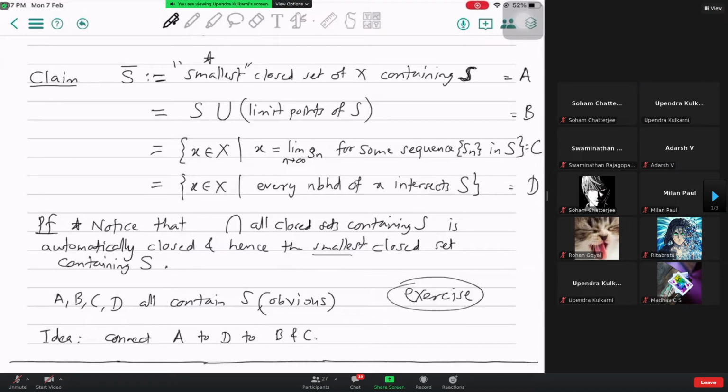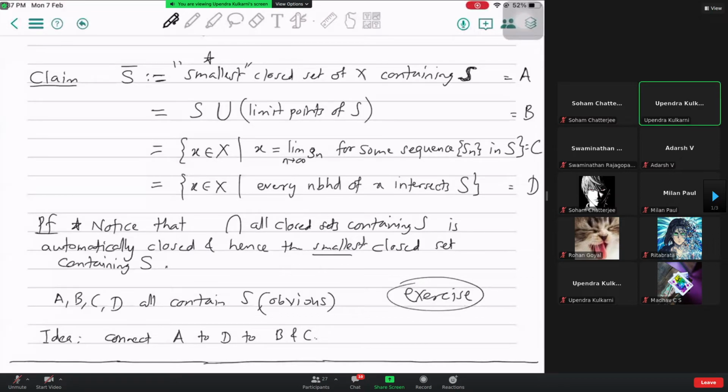A complement is the union of open sets which do not intersect with S. Right. That's just by the explicit construction of A as the intersection of all closed sets containing S. So I take something in A complement, correct.